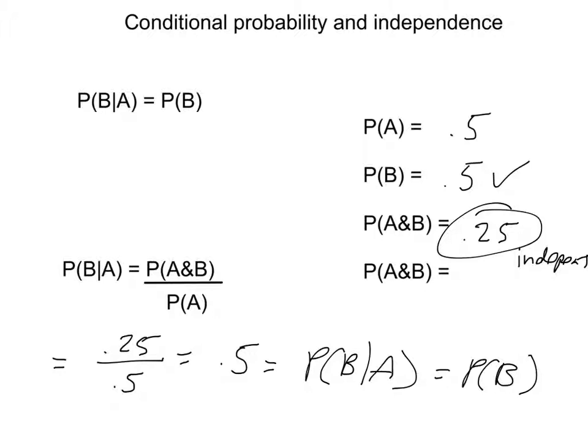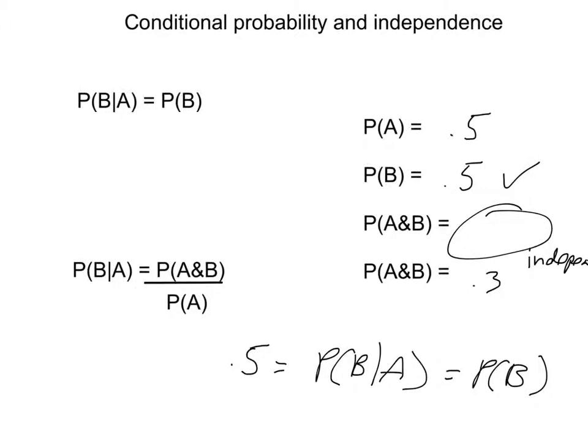But let's say the probability of them both happening is actually, we discover later that it's 0.3. So then what we would do is we would pop this in.